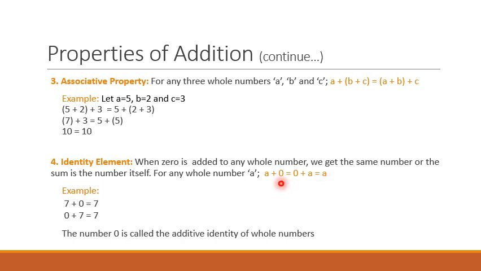That means adding 0 gives me the same whole number. For example, 7 plus 0 will give me 7 and 0 plus 7 will also give me 7. Adding 0 doesn't change the identity of the number, or I can say adding 0 doesn't alter the number. That's why the number 0 is called the additive identity of the whole numbers.